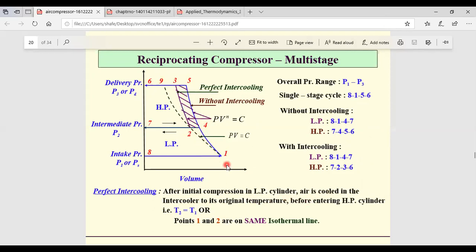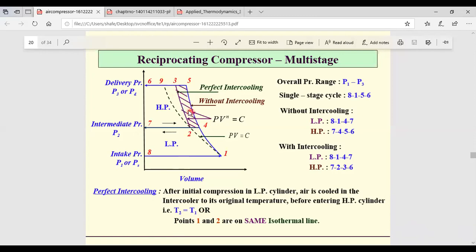If T2 equals T1, the initial entry temperature, it's called perfect intercooling temperature. Sometimes the problem mentions perfect intercooling without giving T2, so I can assume that T2 equals T1. That's how the multi-stage works.